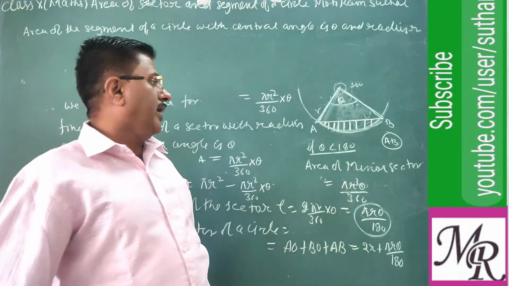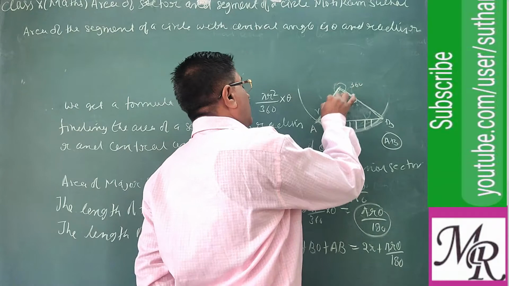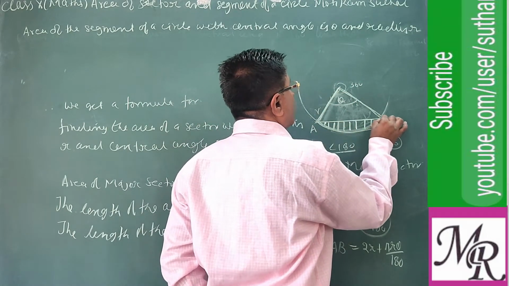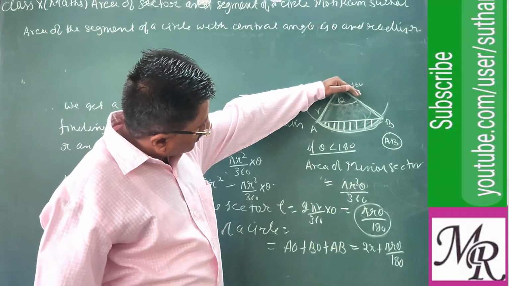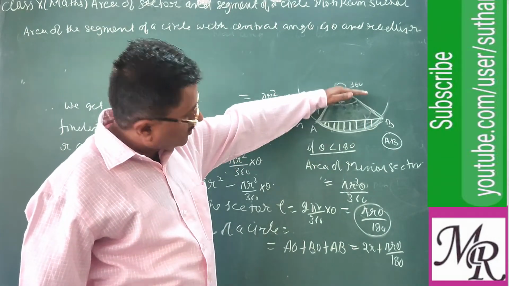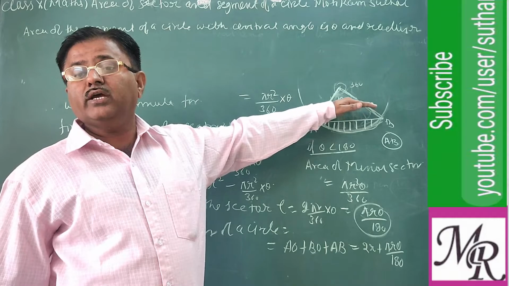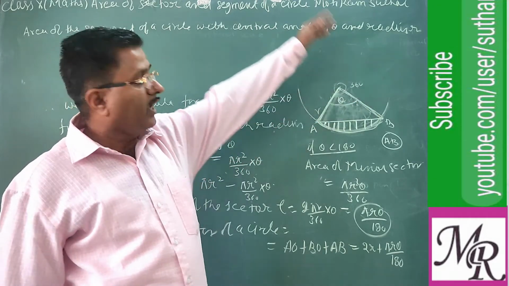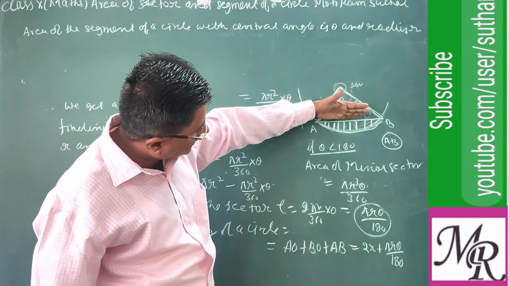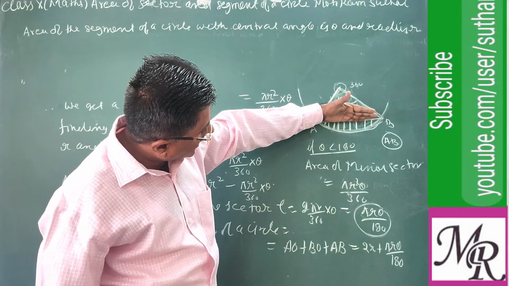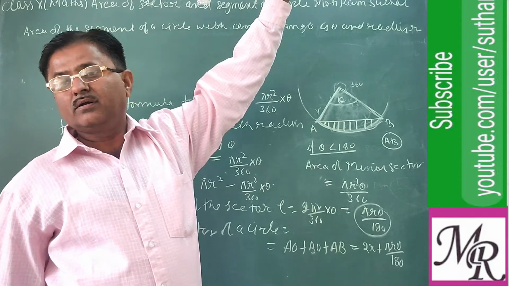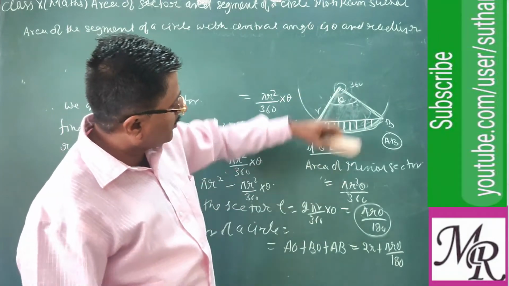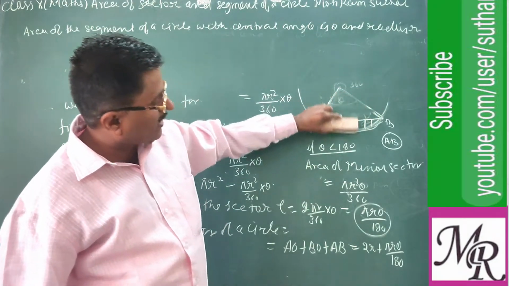So you know that this area we already know, that is the area of a sector. This whole region is known as the area of a sector, and from the area of a sector, if one subtracts the area of a triangle, or we remove the area of a triangle, then what is left?